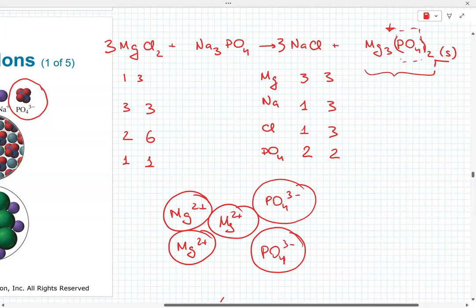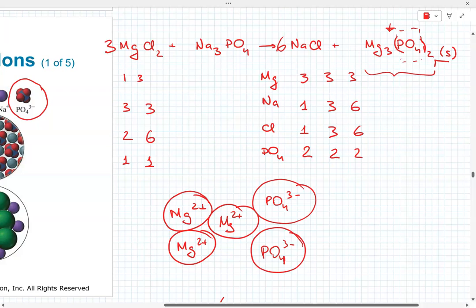Okay, so we go to magnesium, right? We go on sodium, but we have a problem with chloride and phosphate. How do we balance chloride now? We have 6 on the left, we have 3 on the right. We can change this 3 to 6, right? Can we do that? We totally can. So now we have 3, 6, 6, 2. And then what? Can we balance phosphate now?